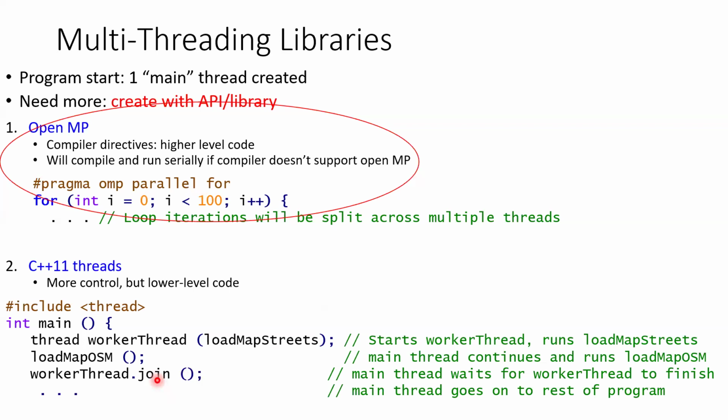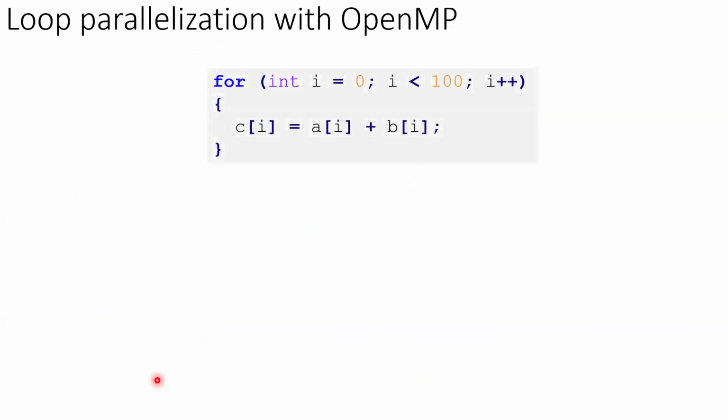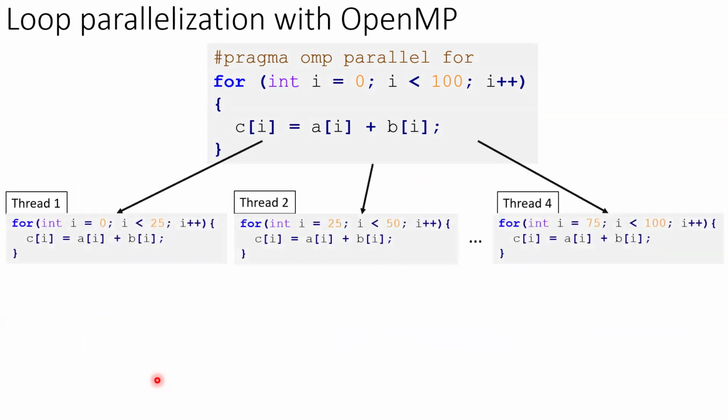Let's look into the first option of OpenMP. So you have a for loop that does 100 iterations. Adding on this pragma OMP parallel for will then split. If you have a 4-thread computer, it will split into 4 threads, where the first thread will do the first 25, second thread will do the next 25, and so on.